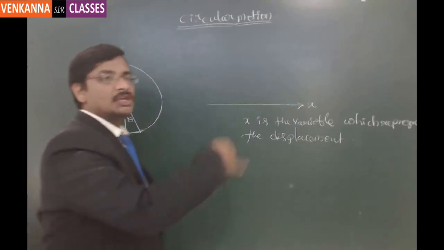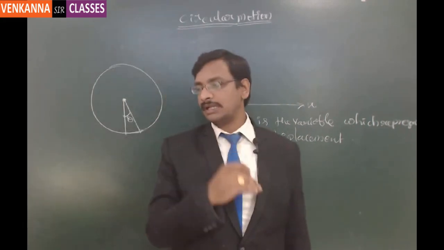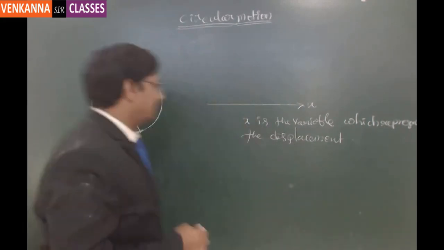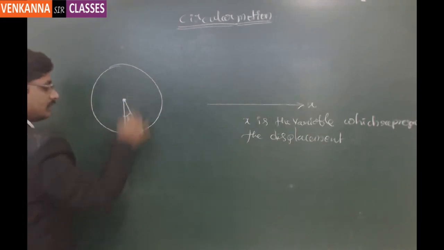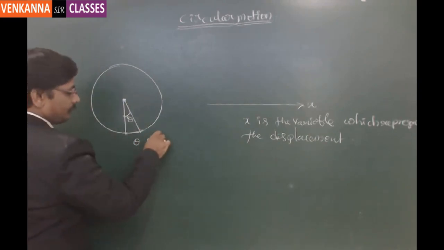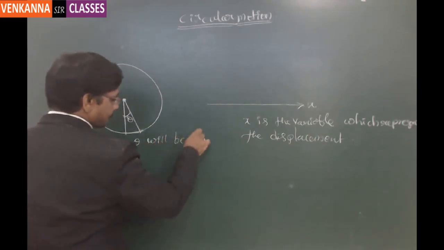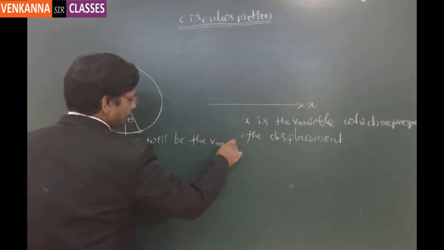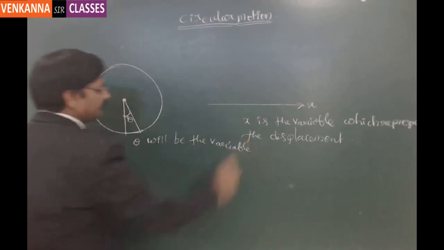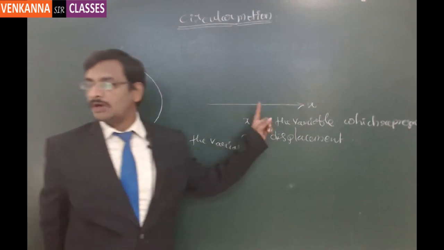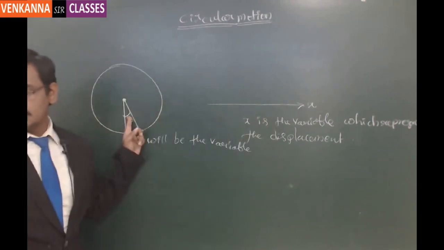That means the angle keeps on changing as the particle moves on the circle. Here theta will be the variable, so the role of x is played by theta.